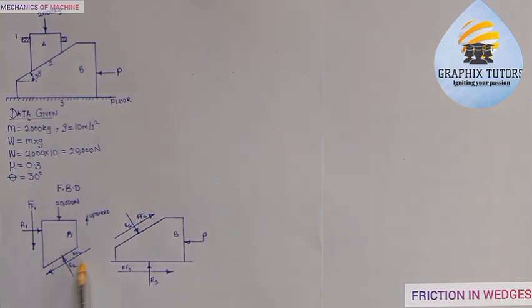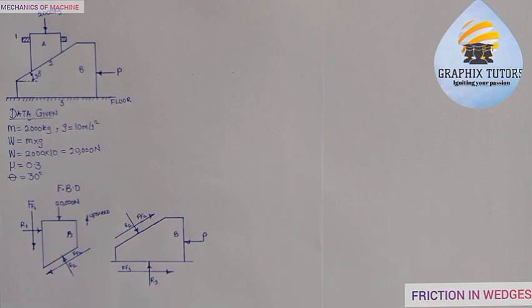In force, we only have horizontal and vertical components. Now, FF1 here is vertical, it is safe. R1 here is horizontal, it is safe. 2000 Newton is vertical, it is safe. But what do you notice? My FF2, frictional force 2, is inclined, and my R2 is also inclined.